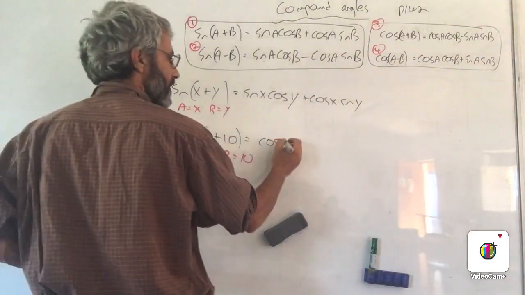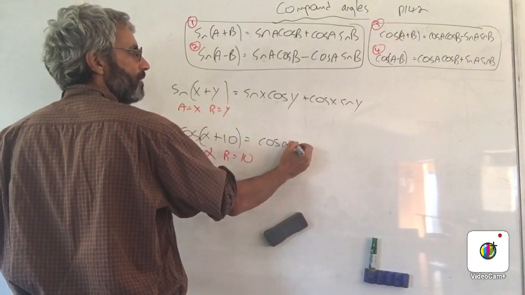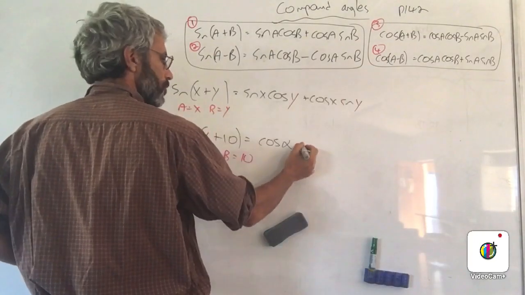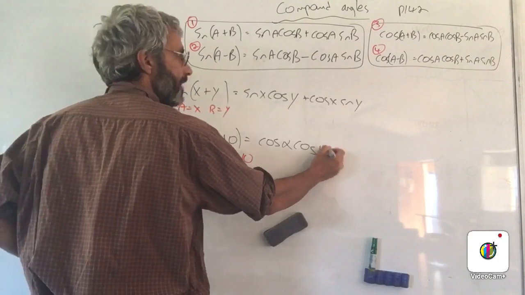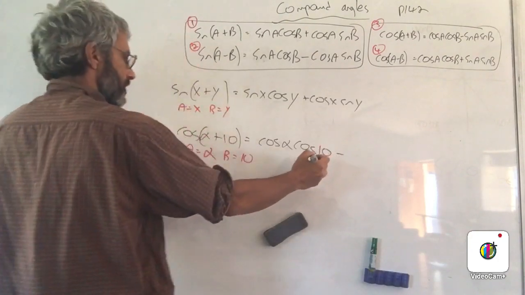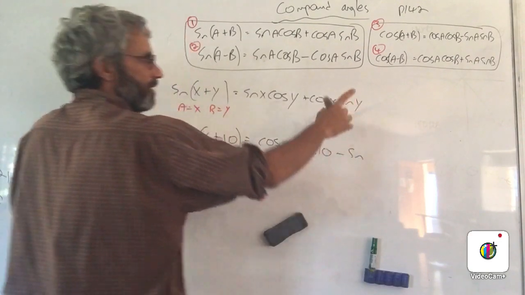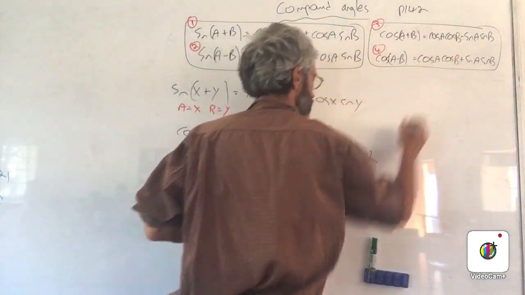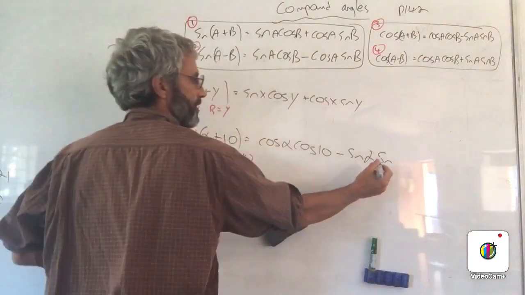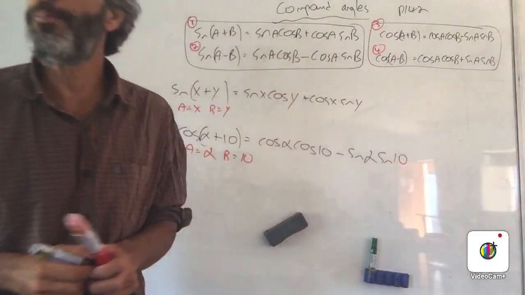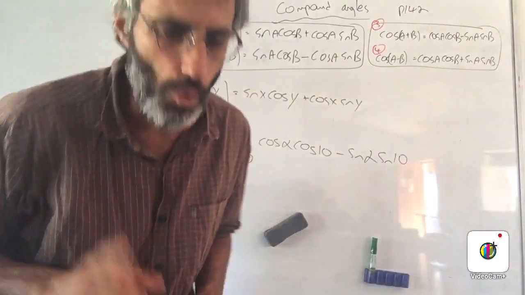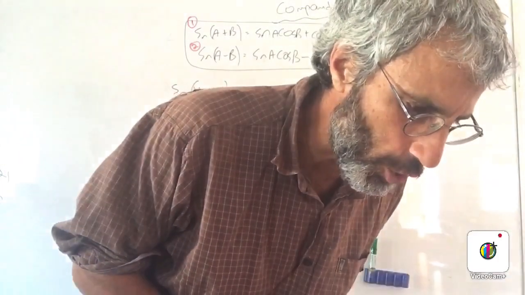So, cosine alpha times cos 10 minus sine alpha, sine 10. That's it. Simple, isn't it? Let's do one more to make sure we got it right.